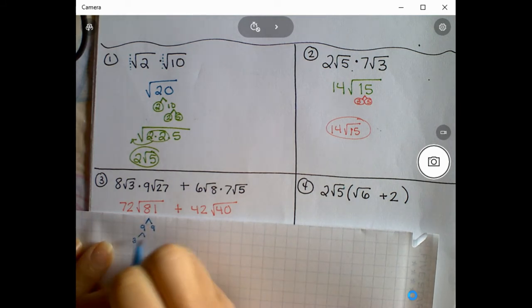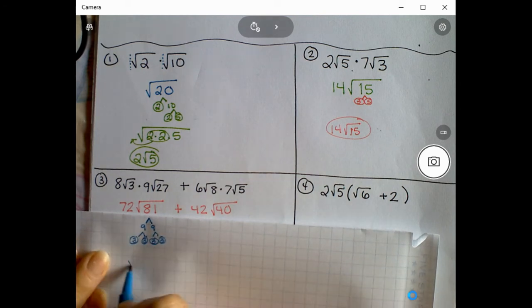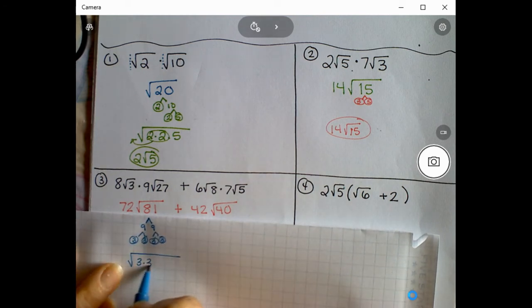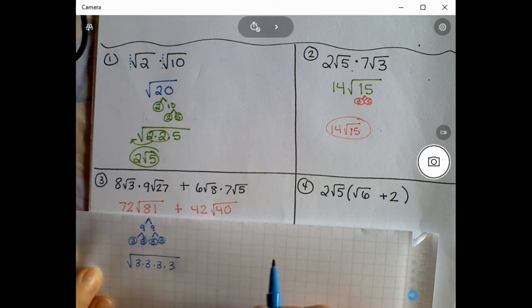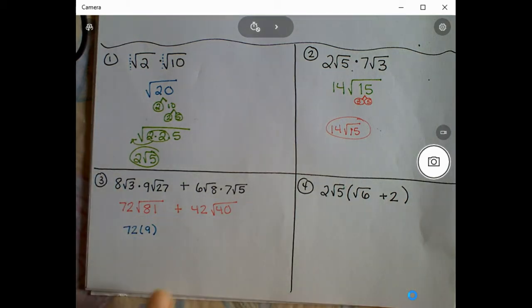You could have even gone all the way down to prime factorization. Then you would have 3 times 3 times 3 times 3. And you're going to pull out groups of 2. And 3 times 3 is 9. So you can see, memorizing that 81 is a perfect square is a much simpler way than doing prime factorization, but it works both ways, so no big deal.